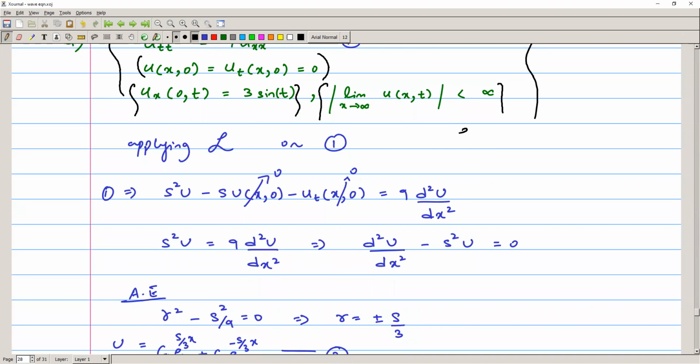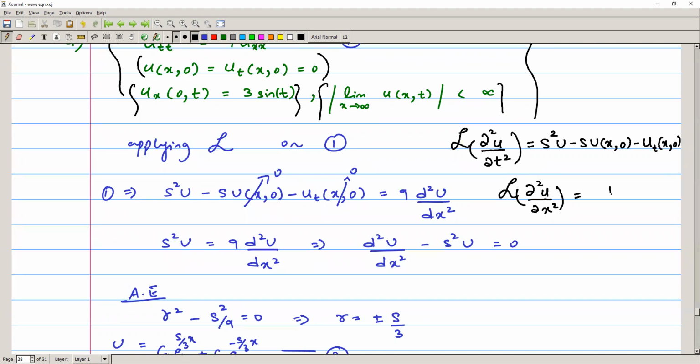We know that the Laplace transform of ∂²u/∂t² is equal to s²U minus sU(x,0) minus u_t(x,0). And the Laplace transform of ∂²u/∂x² is equal to d²U/dx².